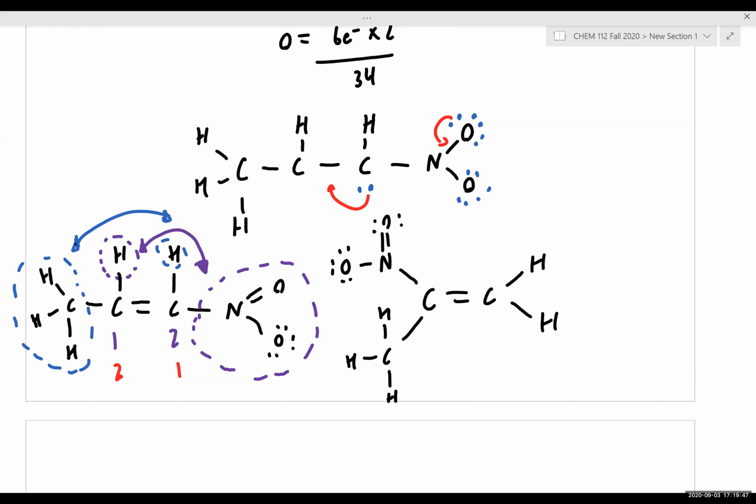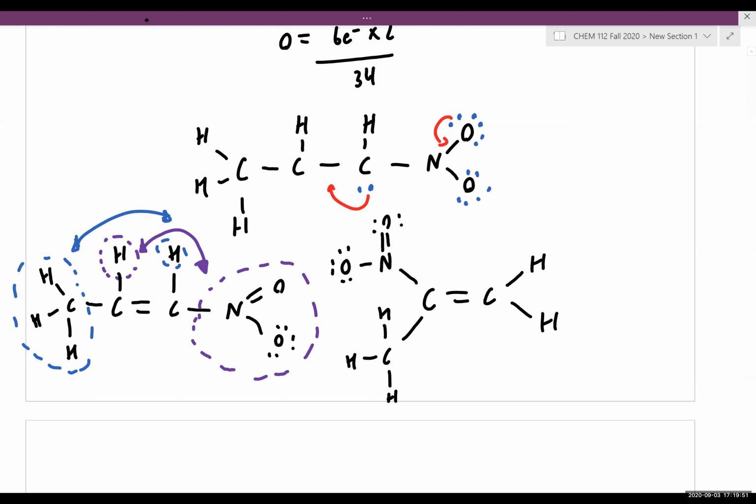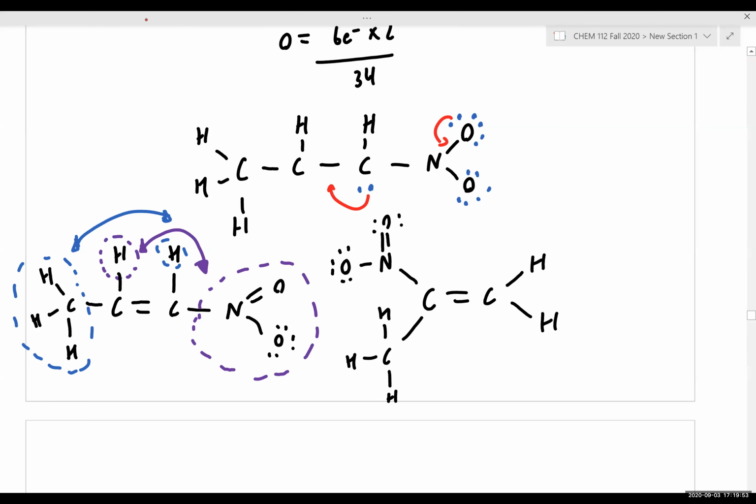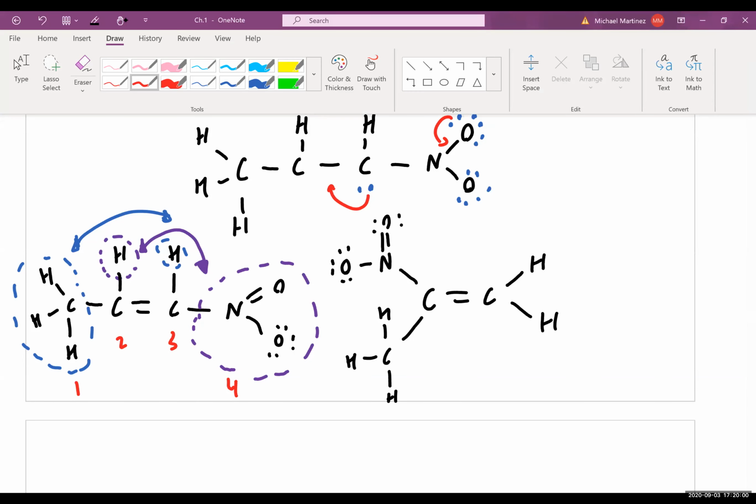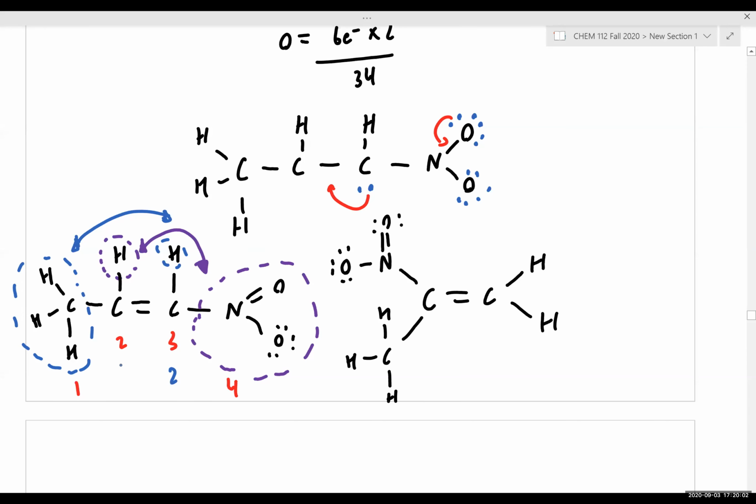One question that sometimes pops up is, what happens if I want to swap my carbon and this nitrogen? So if we number out all of our atoms, one thing I'd like you to pay attention to is, what are the numbers for the nitro group and this methyl group?